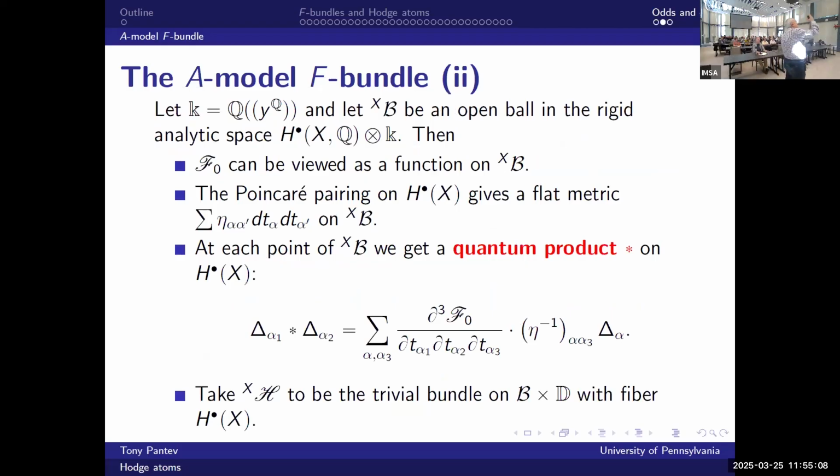And okay, so let's take K to be the formal power series in one variable. We can take it to be the Novikov field over Q. And then you can define B_X. I'm saying it's a ball. It's actually not really a ball. It's some kind of polydisk in this rigid analytic space corresponding to the cohomology over that field. And F0 actually, if you choose your polydisk carefully with the correct estimates, F0 is convergent.